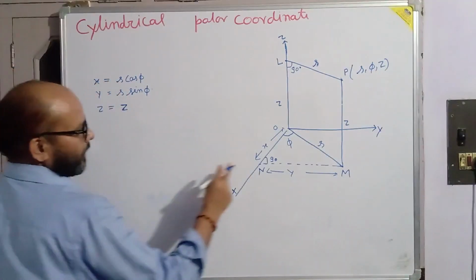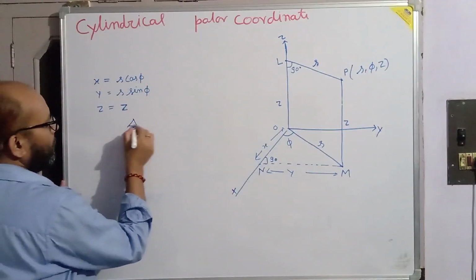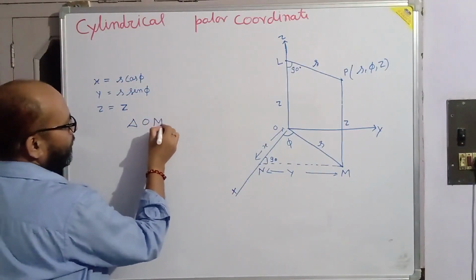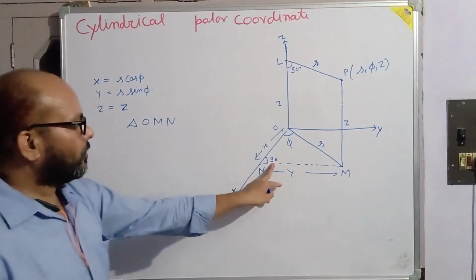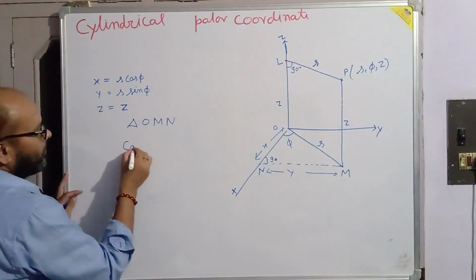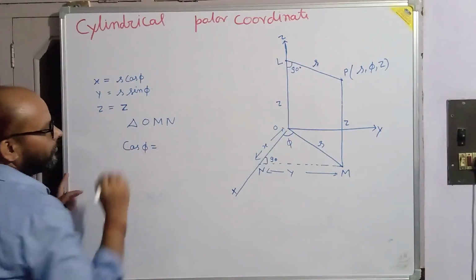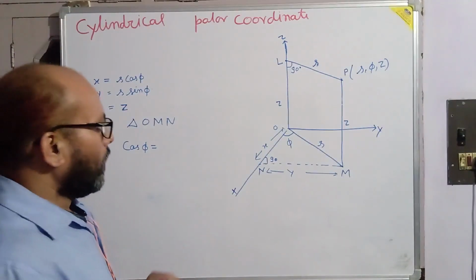Look at the figure, triangle OMN. This is 90 degrees. So cos phi equals base upon hypotenuse.